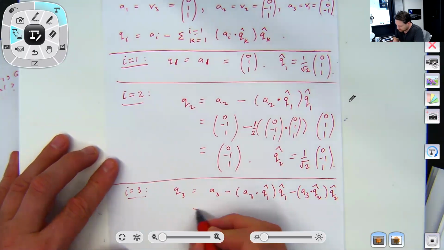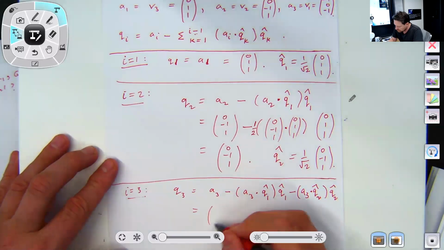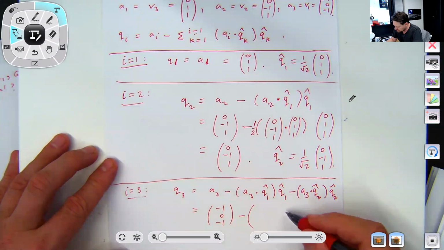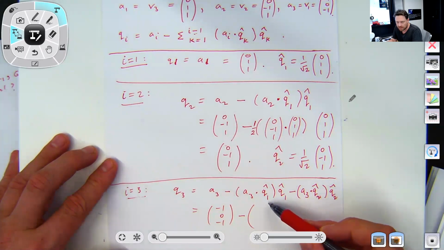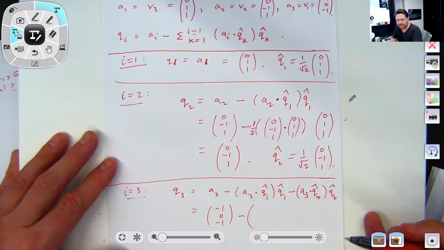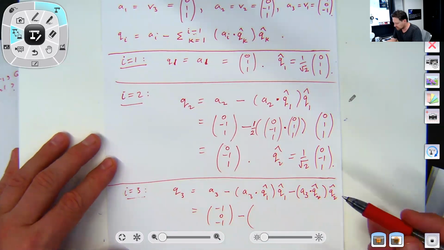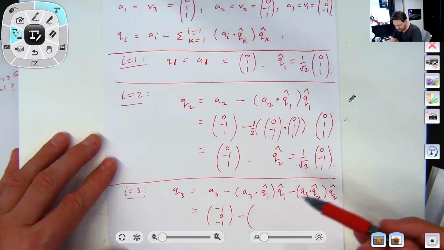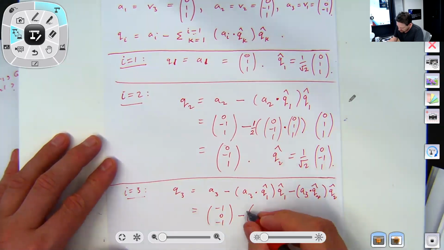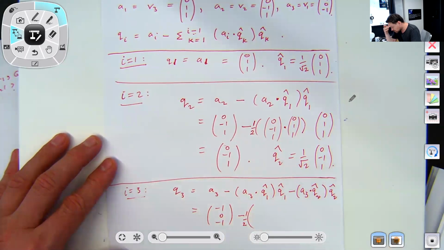So A3 is minus 1, 0, minus 1. And then we have a dot product here. But again, we've got Q1 hat and Q1 hat here. And they both have a 1 on root 2 in them. So noting that we've got 2 of those and the entries of A3 are integer, we can take the product of the 1 on root 2 and write that as 1/2 out in front. Okay, good.